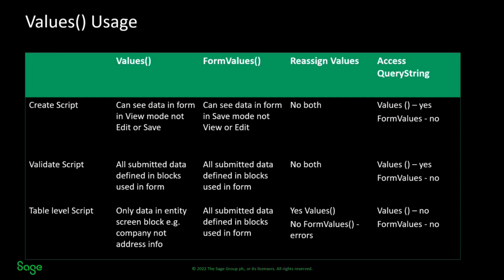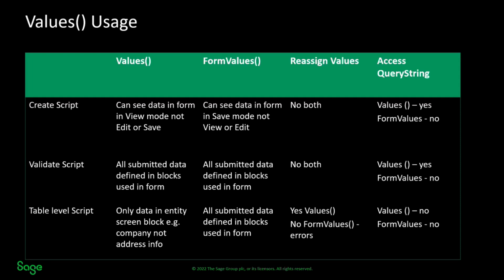So if you were writing your code and you wanted to access any of the fields within the company box long screen, and you were writing the rule associated with one of those fields, then you can use the values method or collection. The form values collection allows you to access the data from within the whole of the HTML form that is being submitted.